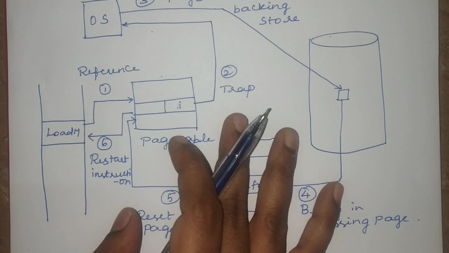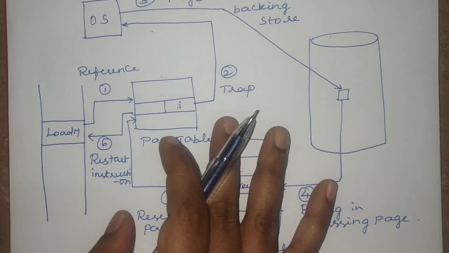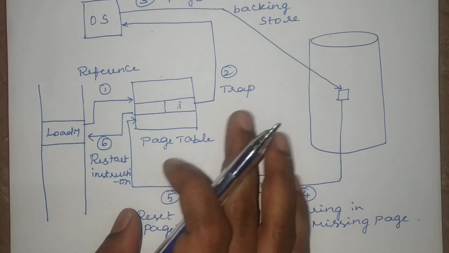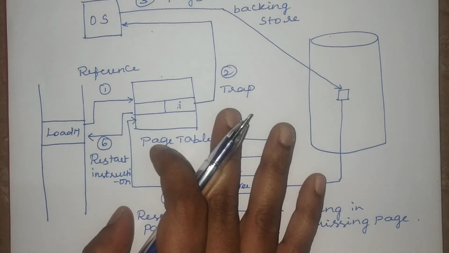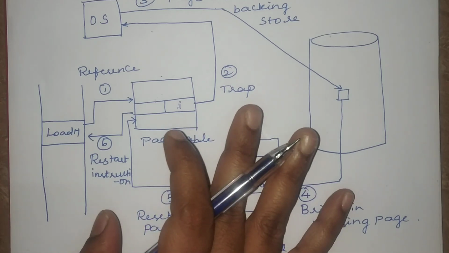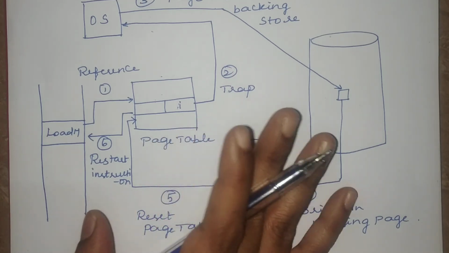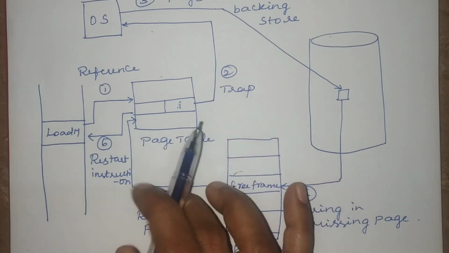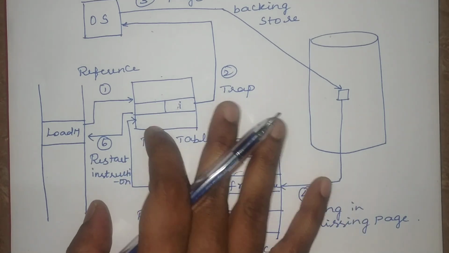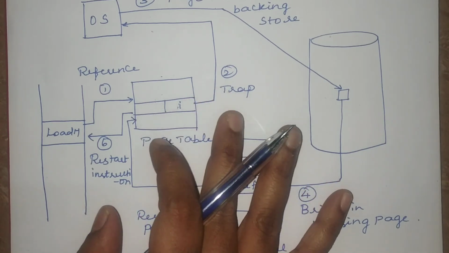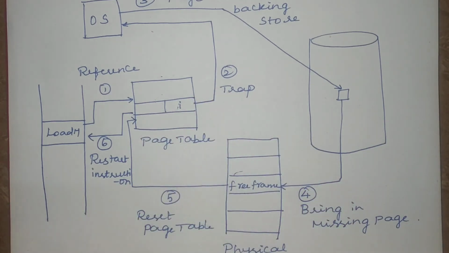So this is how the virtual memory concept gives the user the assumption that physical memory has a lot of space to hold all the incoming processes, but it is not so in reality. These are some of the steps to be followed by the operating system. This is the basic concept of virtual memory.